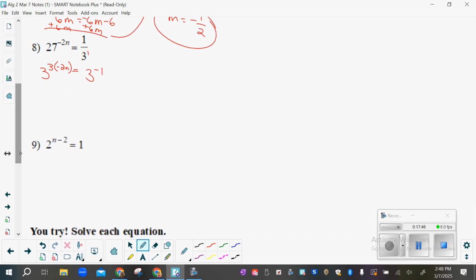What do I do? Yeah, so what do we get? And what do I do with -6n? Wouldn't you divide it then? No, we got our bases the same. Once we have that, what can we do with those bases? Not yet. We got to get an equation. So what do we do with the 3?